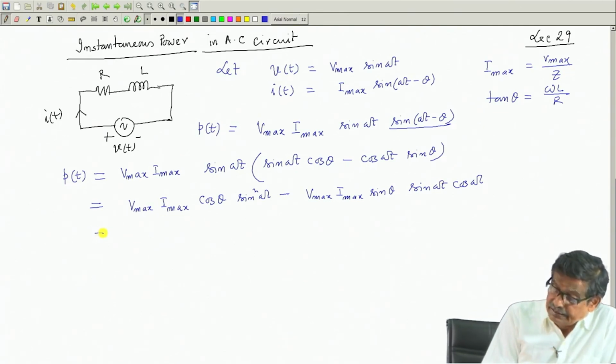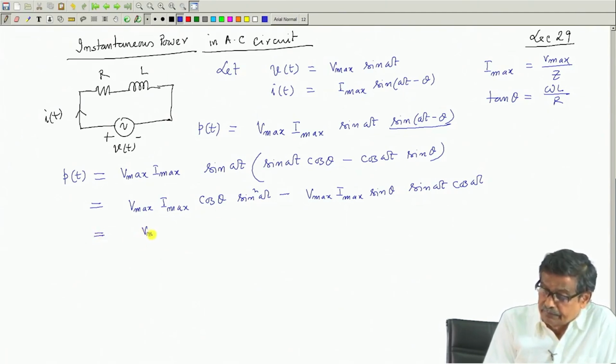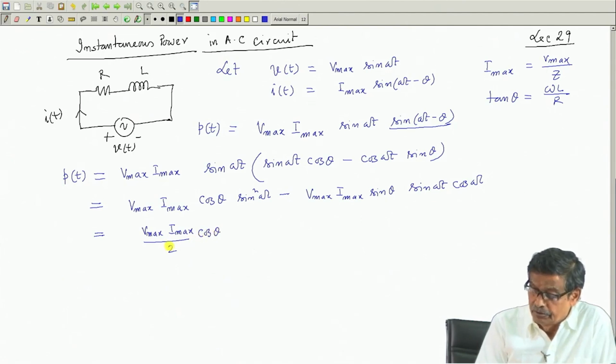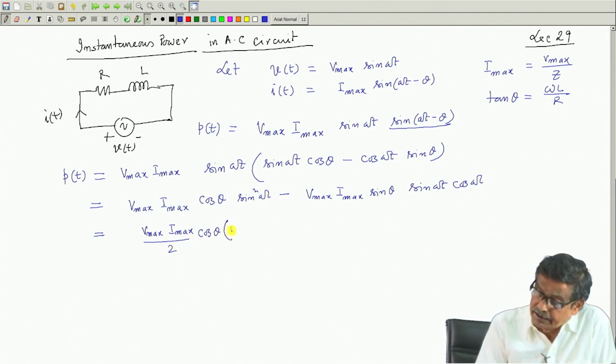Now, this can be written as V max I max by 2 cos theta, and 2 sin square omega t can be written as 1 minus cos 2 omega t.